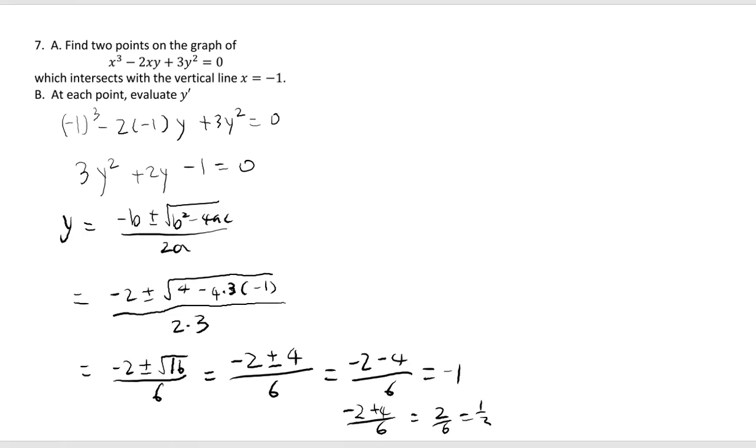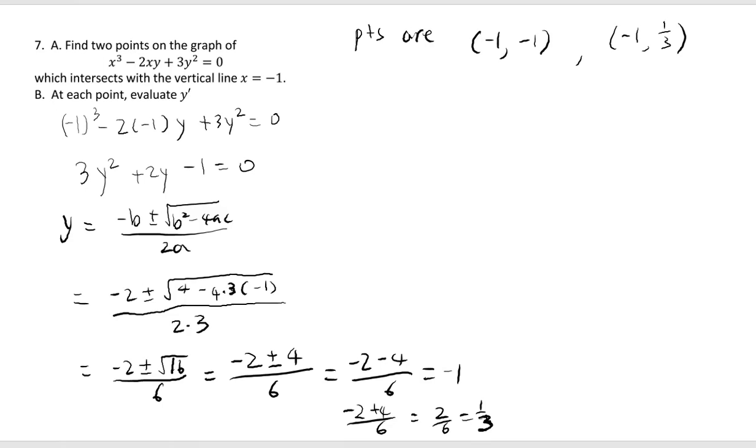So these are the two solutions for y. Okay, so since x is equal to negative 1, we know the 2 points. Points are negative 1 comma negative 1 and negative 1 comma 1/3. Now at each point we need to find out y prime.